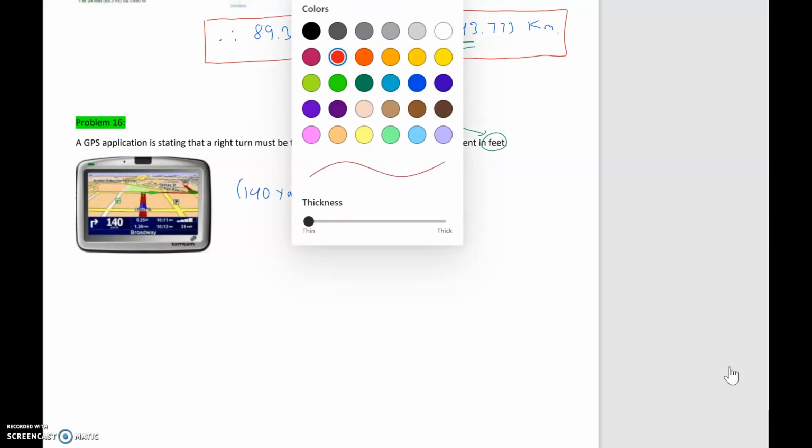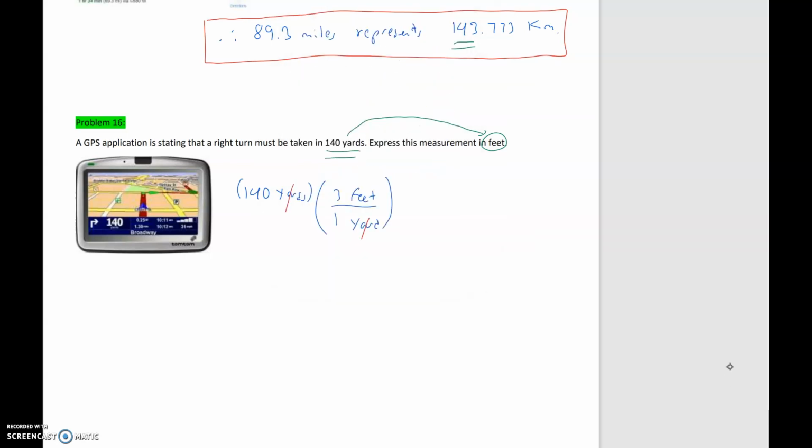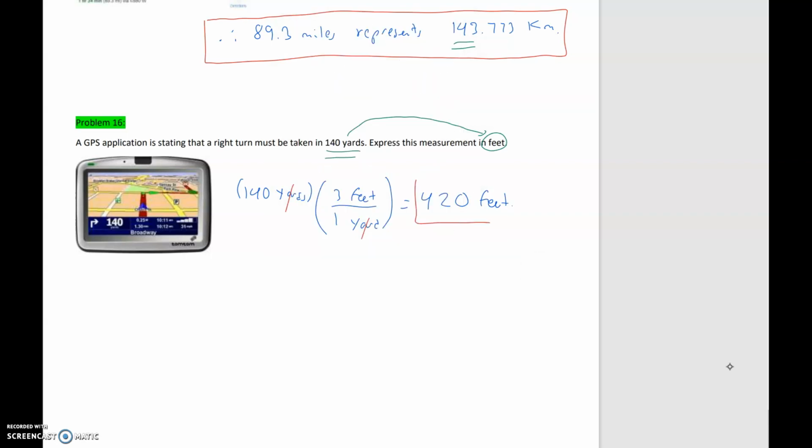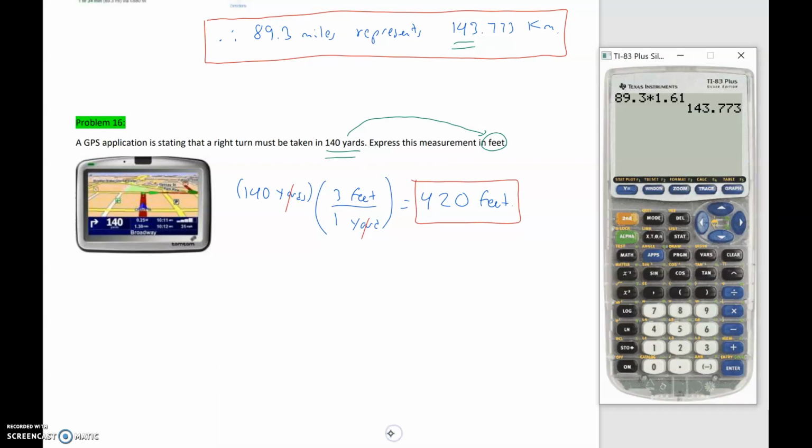And as we do the cancellation, yards cancel. And we're going to be left with 140 times 3. That's going to be 0, that's going to be 2, and we carry 1. I'm getting 420 feet. And let me check it because, well, this is an easy one and I don't want to mess it up.